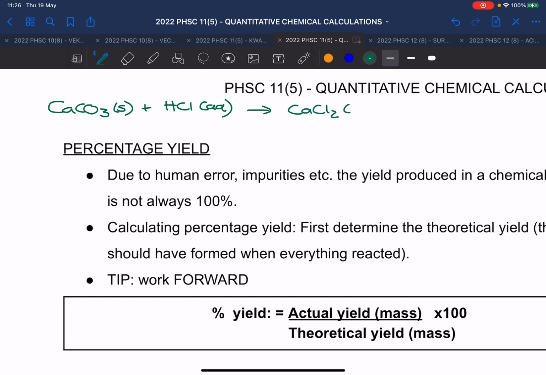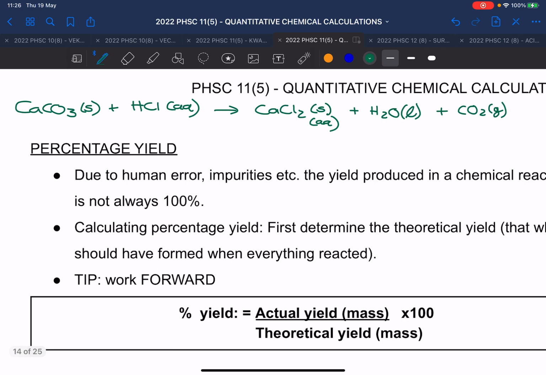That is normally a solid salt, but it's going to dissolve, so it will be aqueous now. Then you're also going to get water, the liquid, and a gas will form: carbon dioxide gas. Now this will all happen in one container. It's not like we have two separate containers. We have one container, that last beaker, in which this will take place.